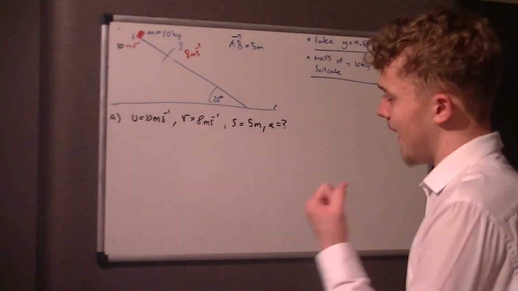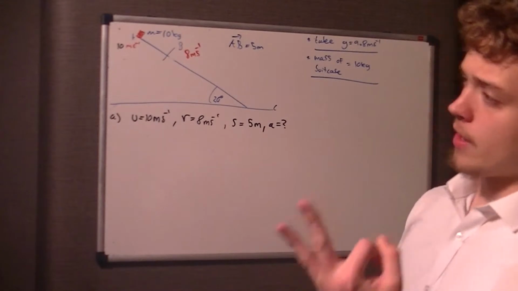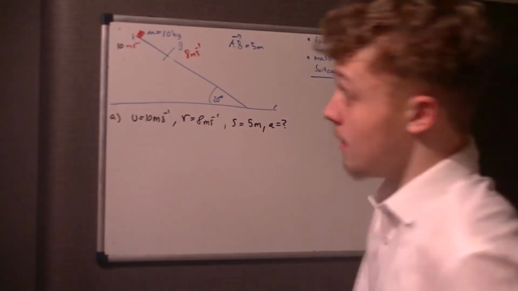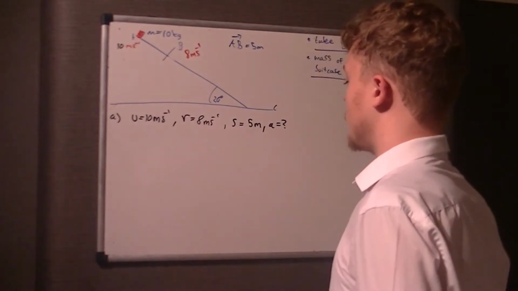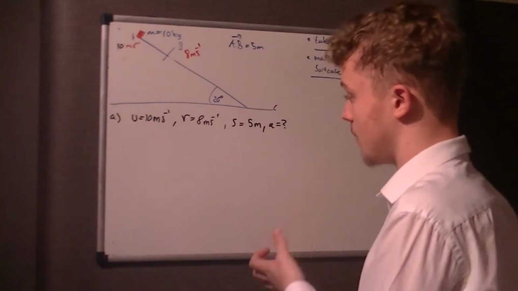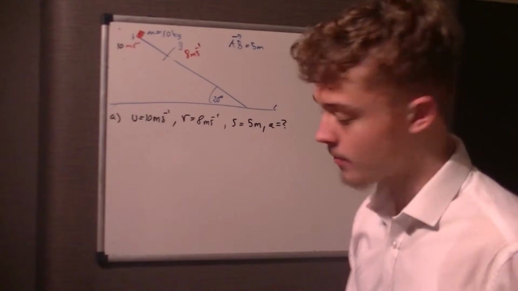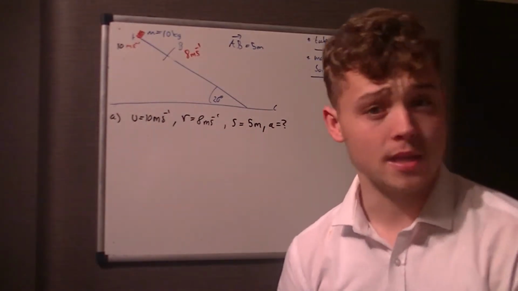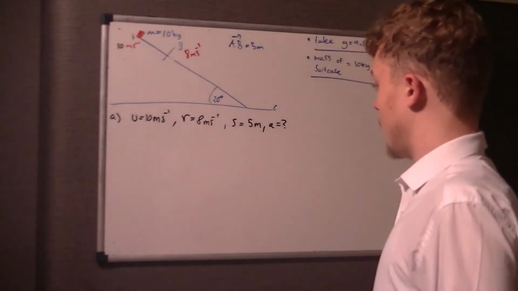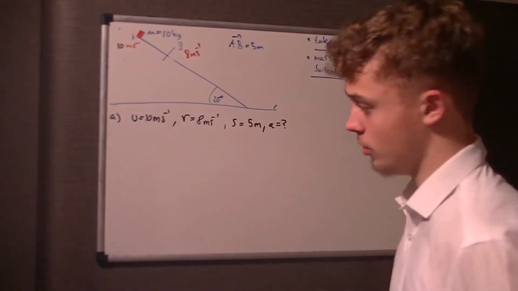If we've got s, u and v, the only equation that links s, u and v with t is s equals a half times u plus v times t. Find t, and then put that value for t into your acceleration equation to find a. Now there's a reason I've not done that.